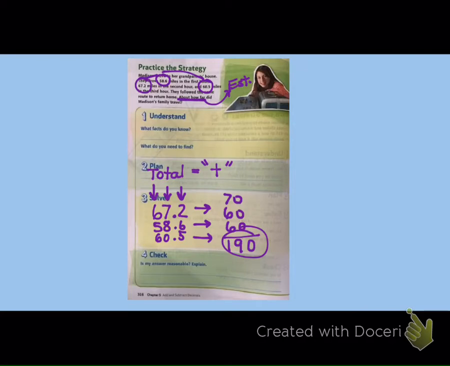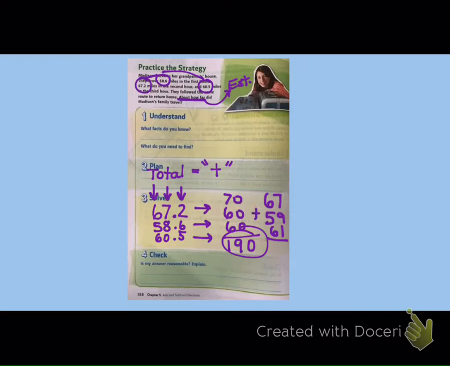What if I had rounded to the nearest 1? What would that have been? Well, 67 would be 67. And 58 would be 59. And 60.5 would be 61. So you can see how much more difficult. That's not something we can simply do in our head, is it?